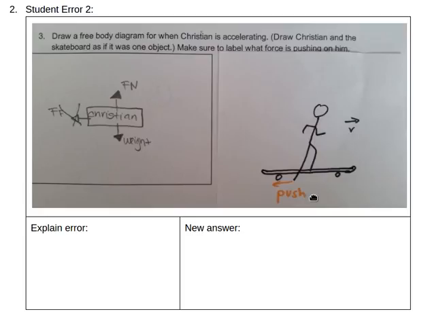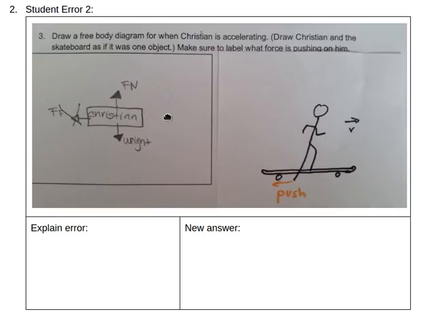It is not a force that Christian himself feels. If this is the force that Christian feels, he would be moving backwards. But we all know that Christian moves forward, so there must be a force that pushes Christian forward. And that force is friction, so this force should have been over here on the right.